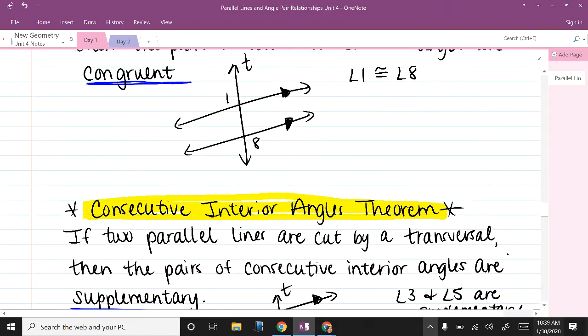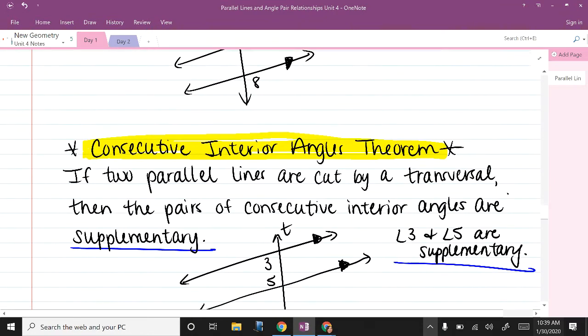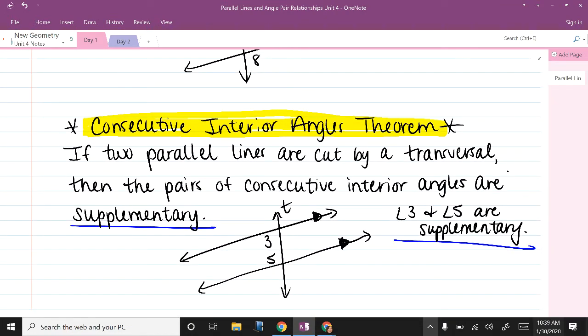Okay. Last one. It's at the bottom of the page. Are these congruent? No. Consecutive interior angles theorem. If two parallel lines are cut by a transversal, then pairs of consecutive interior angles are what? Supplementary.